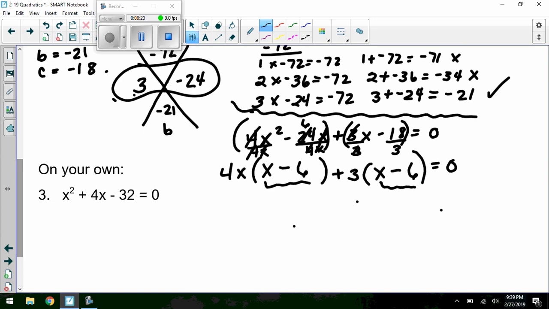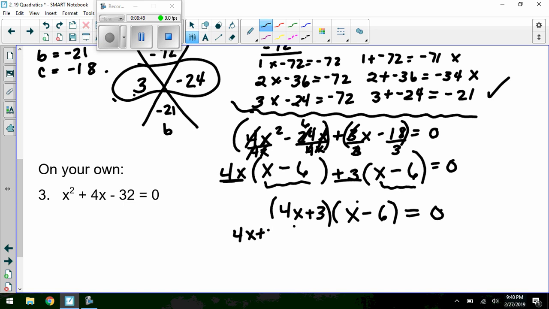So now I'm going to create my two factors. That x minus 6 is one of my factors. My other factor is going to be what's left, 4x plus 3. All of that is equal to 0. So now I'm back to the point of saying each of these factors I can set equal to 0. 4x plus 3 is 0.